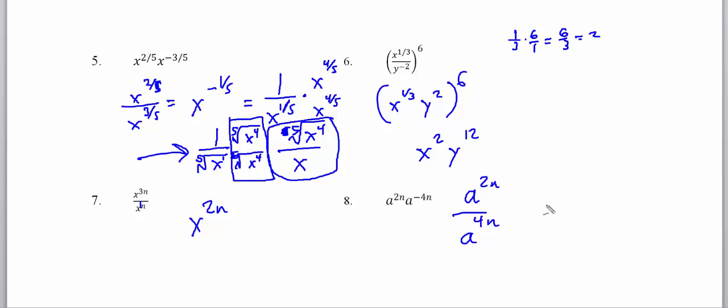So 2n minus 4n is negative 2n. So this is a raised to the negative 2n, or 1 over a to the positive 2n, because that moves it from the numerator to the denominator, and that also gets rid of the negative there. Another way you could look at it too is that we've had 2 of them on top and 4 of them on the bottom, so you do some cancellation and you're left with 2 on the bottom.